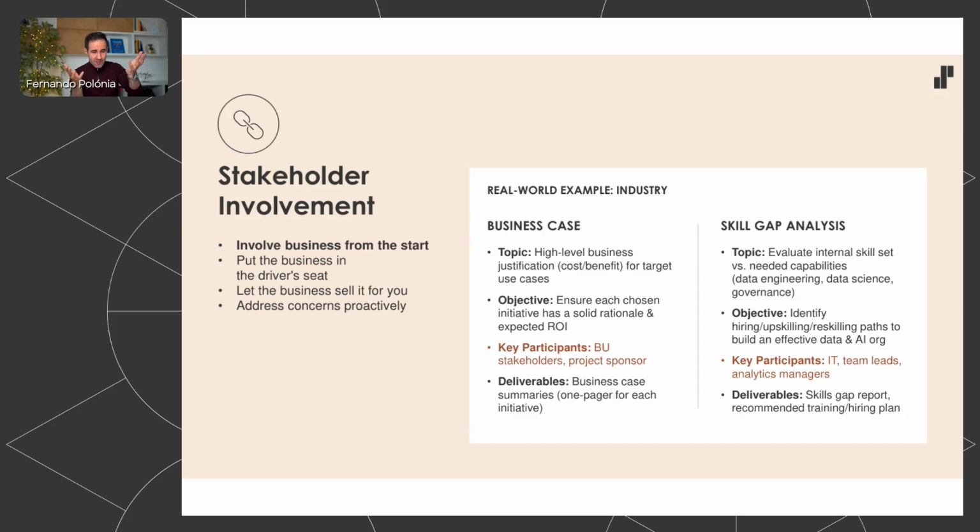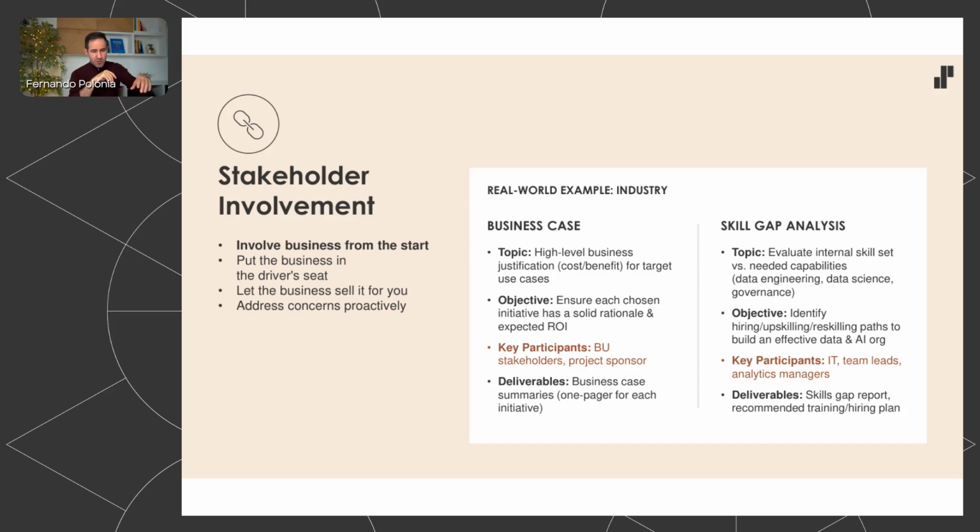So, of course, the question arises, what's a business stakeholder? Who should I call? Or who should I involve? And so we have here a real-life example. Once again, this is the mining industry. We won't go into this use case today, but it gives you a good idea. There again, I call your attention to key participants. And you will see that the names change a little bit.